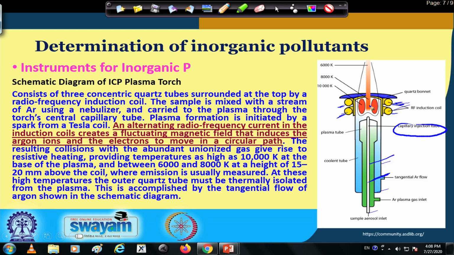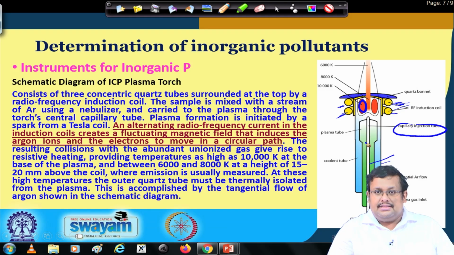As you can see here, at the base of the plasma the temperature is 10,000 Kelvin, and between 6,000 to 8,000 Kelvin at a height of 15 to 20 millimeter above the coil, where emission is usually measured. This high temperature helps the sample or the elements present in this aerosol to be completely energized and completely ionized.